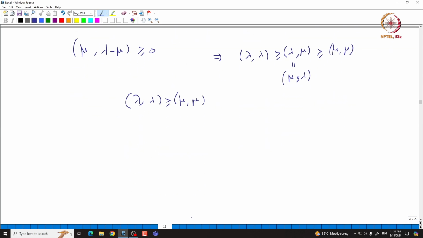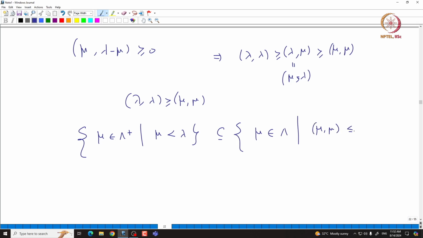Okay. So, it is indeed telling you that for those dominant weights mu in lambda plus, mu less than lambda is contained in the mu coming from capital lambda such that mu is smaller than lambda.